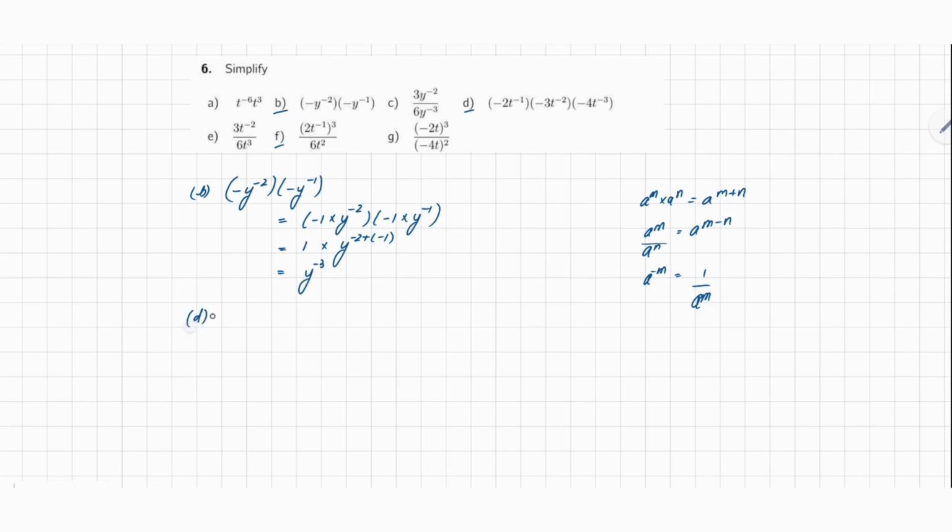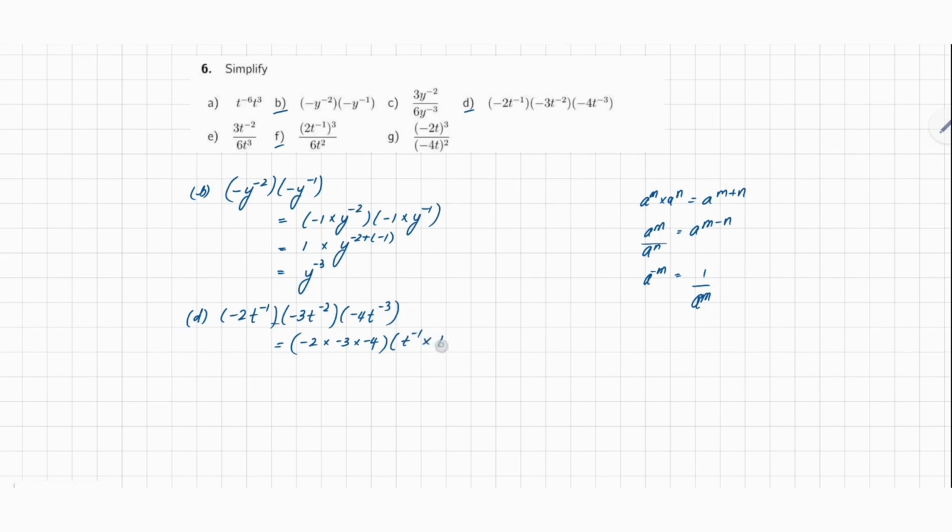For question D, we have minus 2 times d to the power minus 1, minus 3 times d to the power minus 2, and minus 4 times d to the power minus 3. Here we can take out all the coefficients. So that's minus 2 times minus 3 times minus 4. And so we're grouping similar terms. Here the bases are the same.